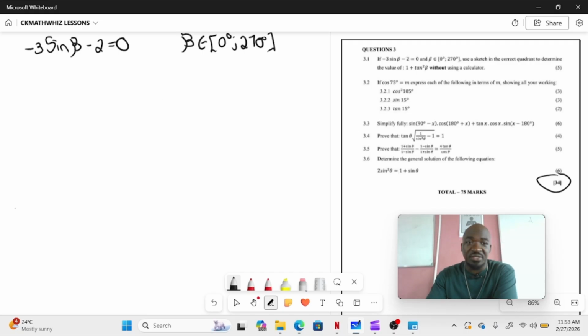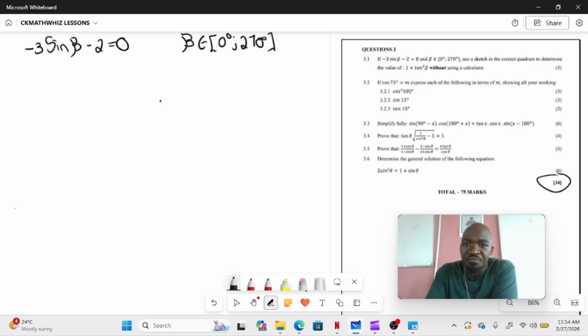That's what we are given. We're supposed to use a sketch in the correct quadrant to determine the value of 1 plus tan squared beta without using a calculator. So I want you to understand that when it comes to this problem, it's a must for you to draw that sketch, so that you can do things in a correct way.